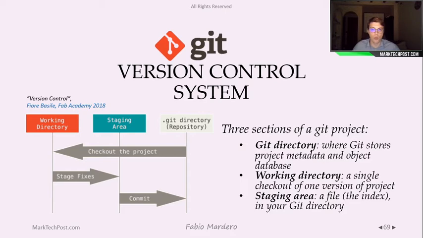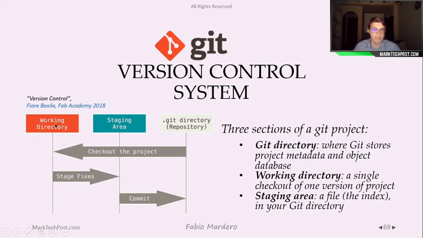And then we commit that file, and we move it from the staging area to the Git directory, where Git stores the project metadata and object database. Basically, it takes a snapshot.